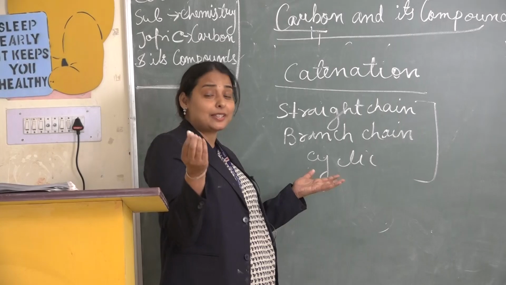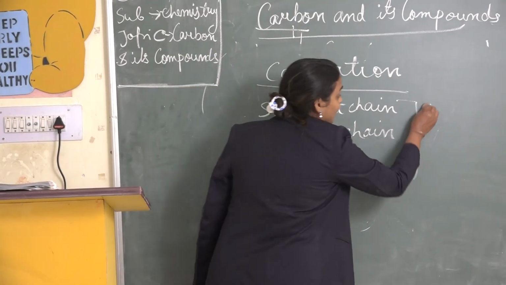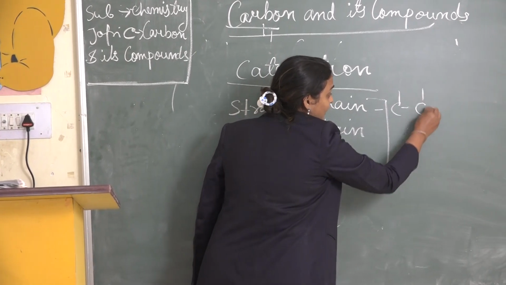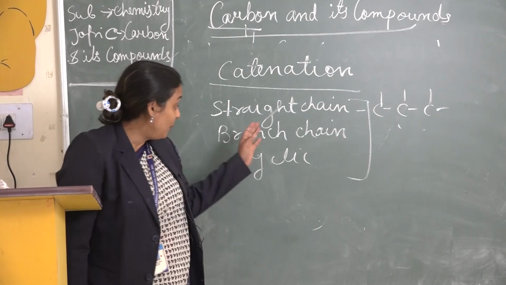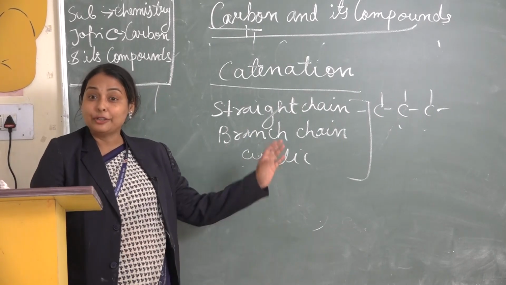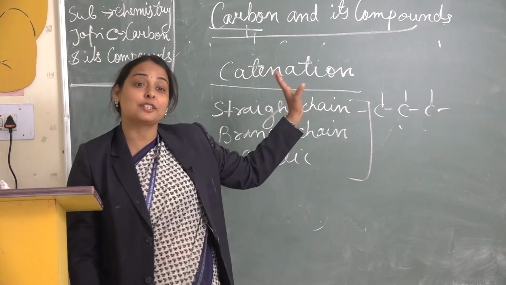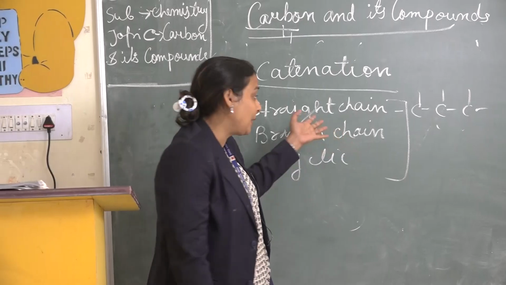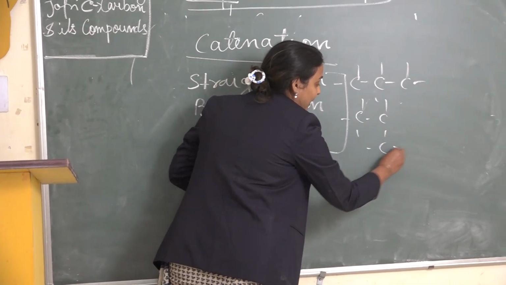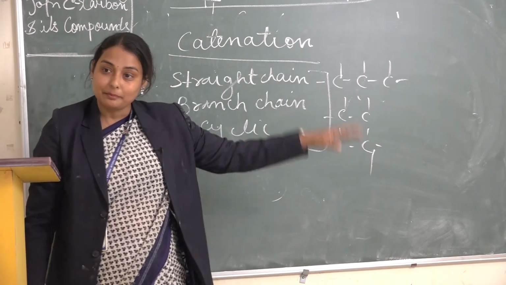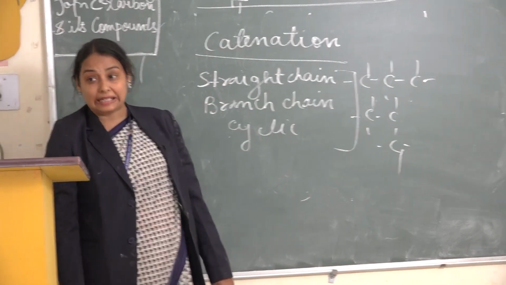Straight chain means all the carbons are arranged in a straight formation, right? When we talk about the branch, it means the carbons can also be arranged in a branch. And then comes the cyclic.